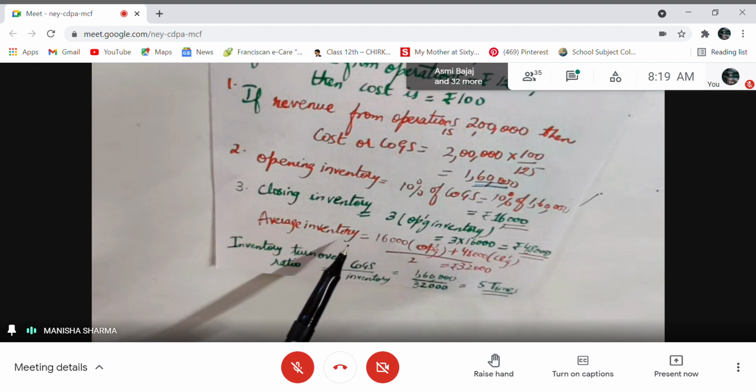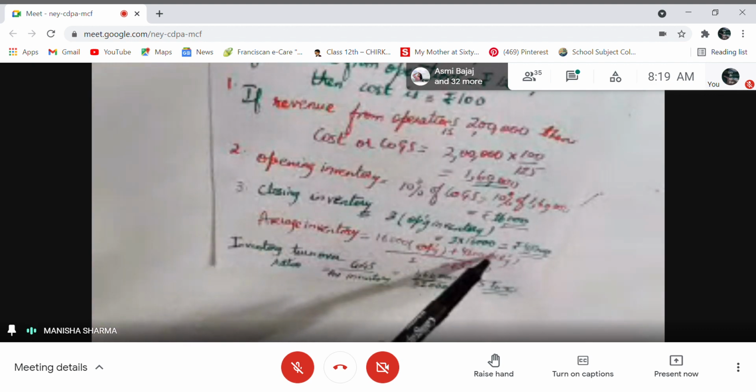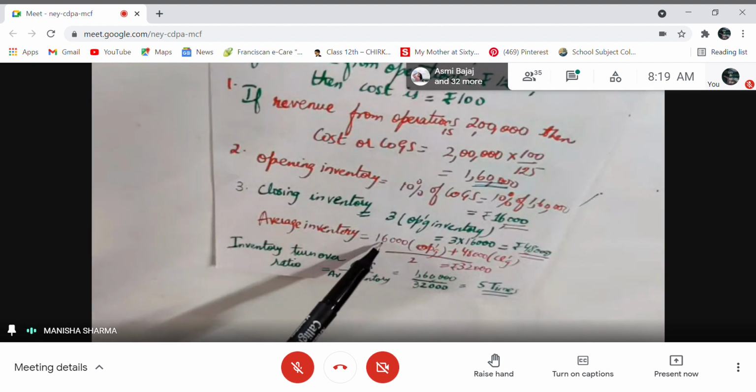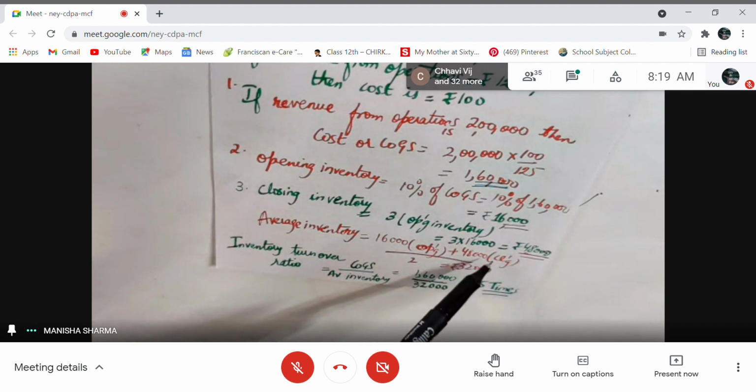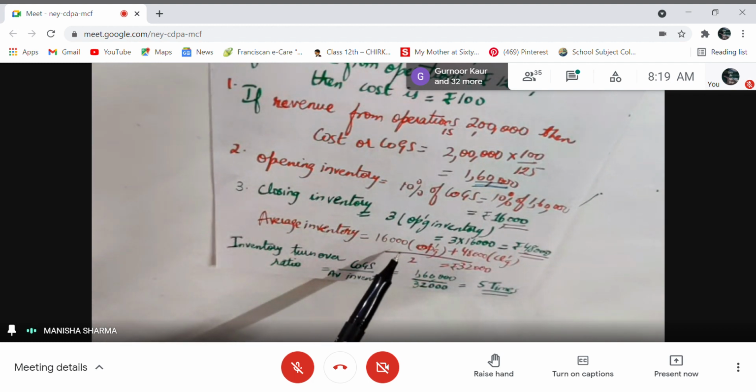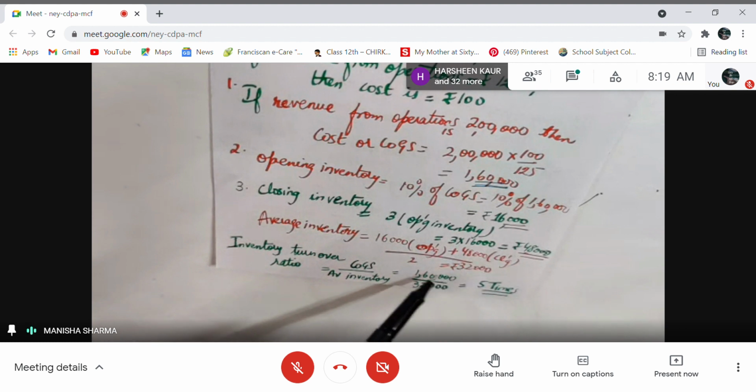The average inventory is opening inventory plus closing inventory divided by 2. Opening we calculated as 16,000, closing is 3 times opening, which is 48,000. Divided by 2, it is 32,000. So average inventory is (16,000 plus 48,000) divided by 2, which is 32,000.